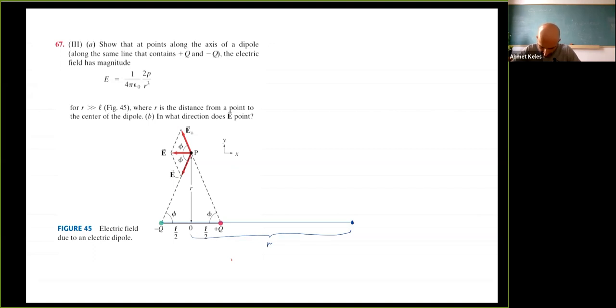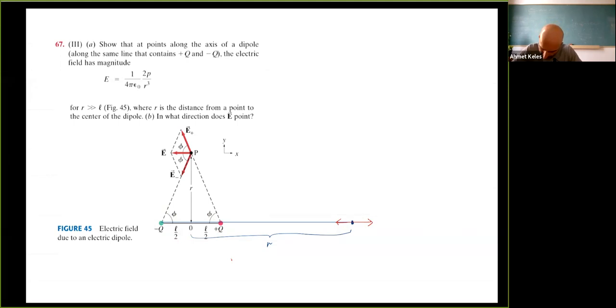I think there will be two directions, right? One coming from positive like this, and the other one coming from negative. But positive and negative are the same magnitude charges, only their distances are a little bit different. So this one is going to be bigger than this one, and the net electric field is going to be pointing this way, okay?